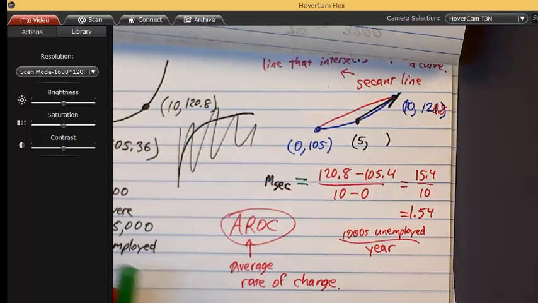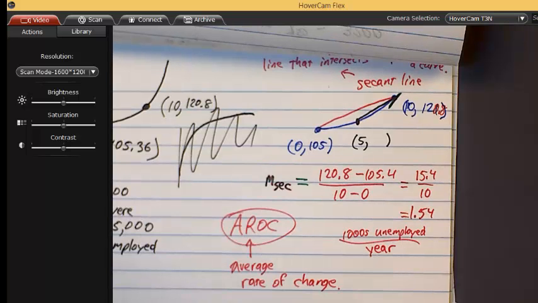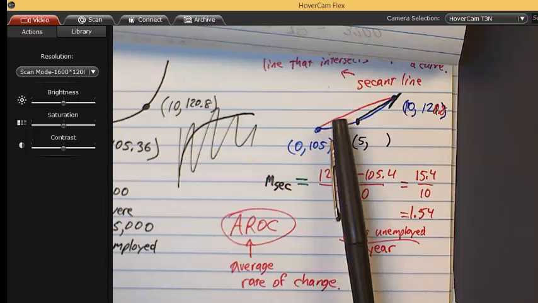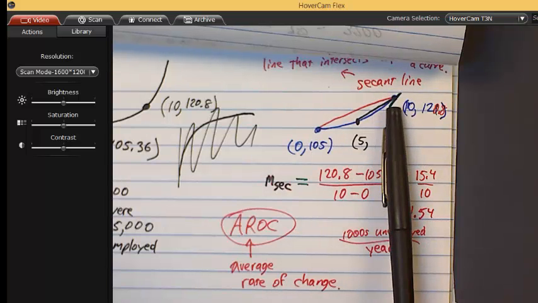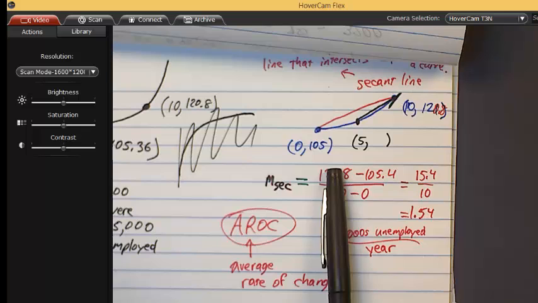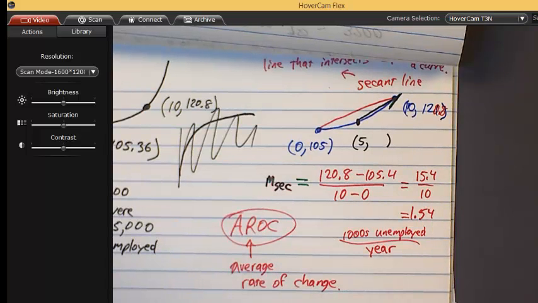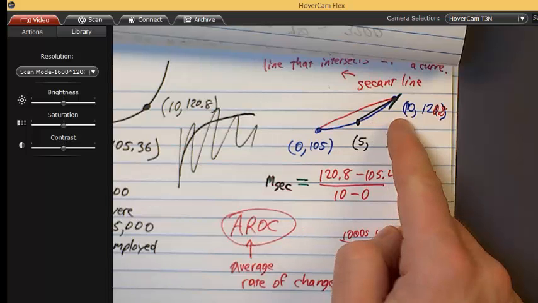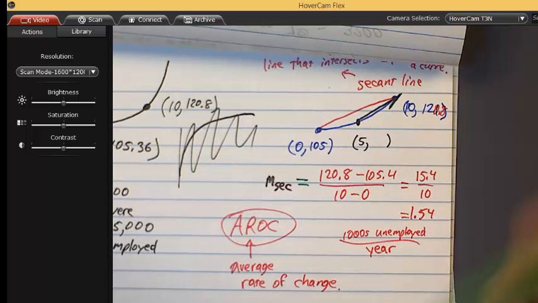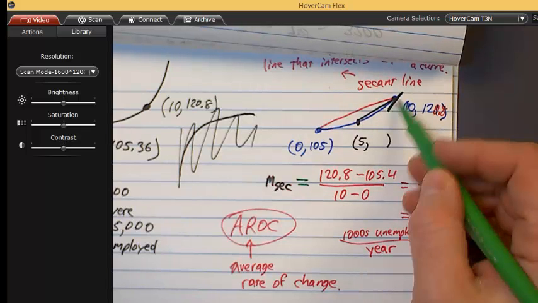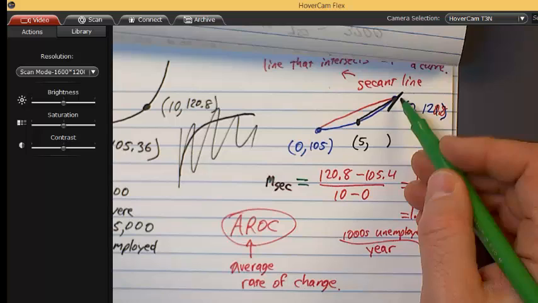Well, if you want to know what we call an instantaneous rate of change, what you do is compute the slope of these secant lines, but we move the point closer and closer towards 10. You know, I could do from 9.9 to 10. And then eventually what I would get is this kind of a picture where you're just touching the curve.